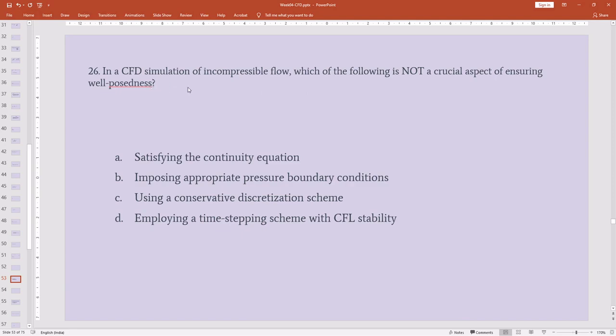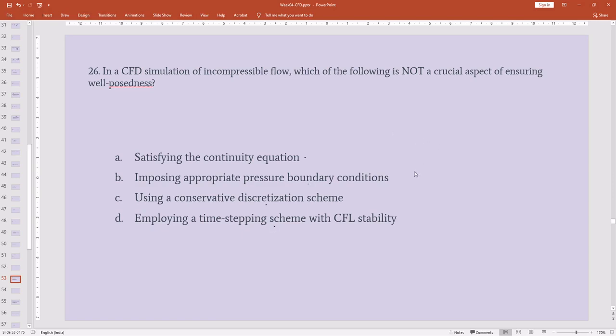So again, a question on well-posedness, but an entirely different set of options. Option A, it should satisfy the continuity equation. Option B, imposing appropriate pressure boundary condition. Option C, using a conservative discretization scheme. Option D, employing time stepping scheme with CFL stability criteria.